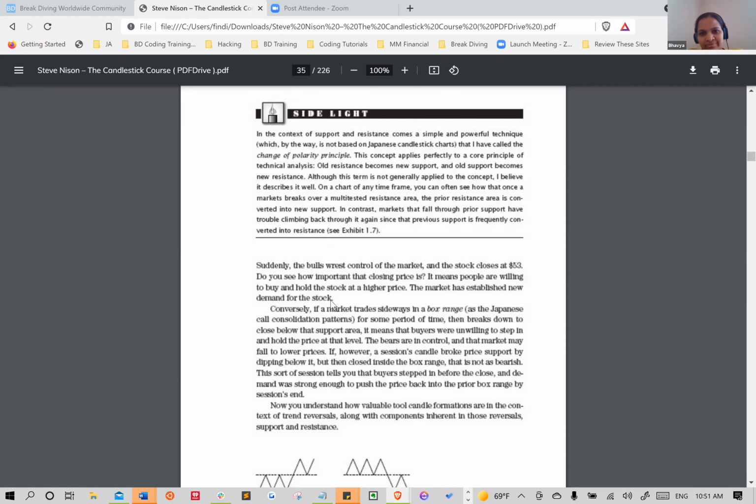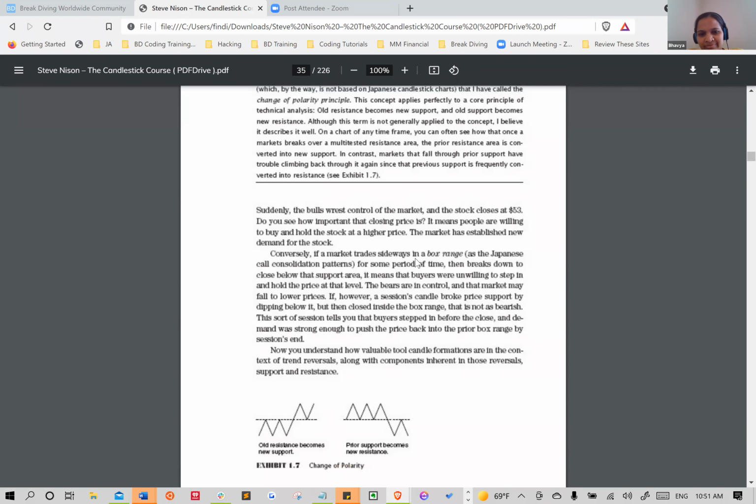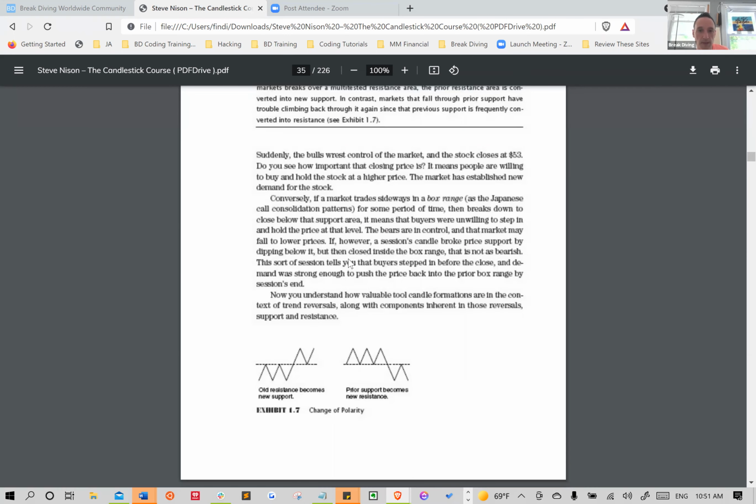Conversely, if a market trades sideways in a box range, as the Japanese call consolidation patterns, for some period of time, then breaks down to close below that support area, it means buyers were unwilling to step in and hold the price at that level. The bears are in control. The market may fall to lower prices.